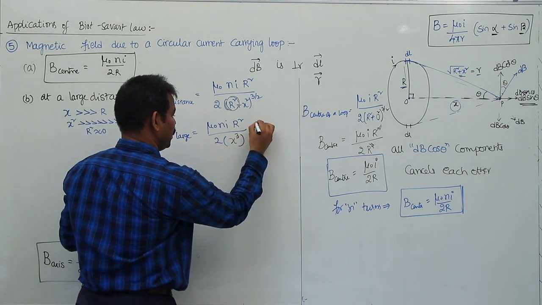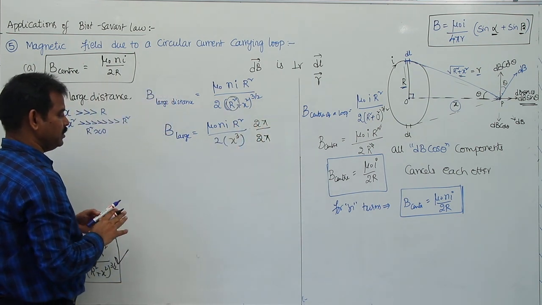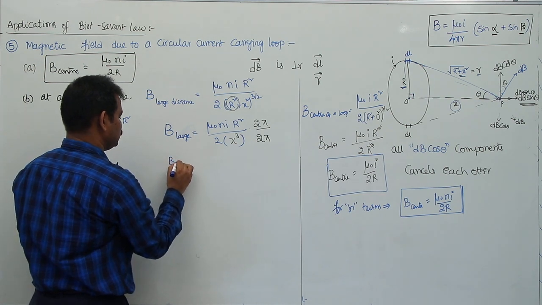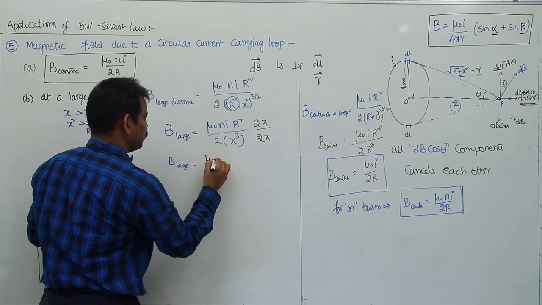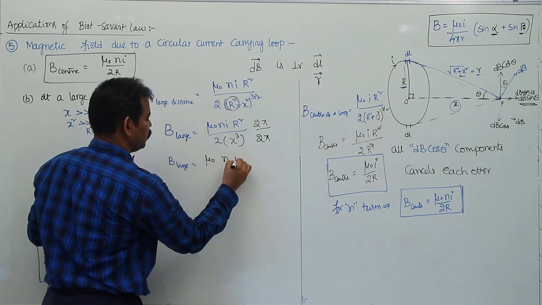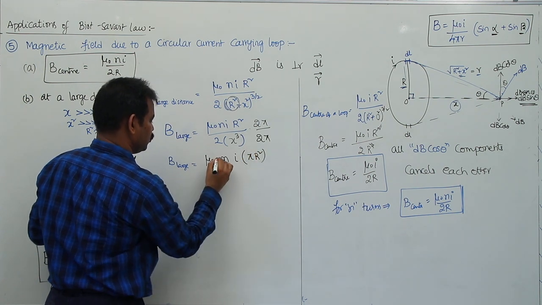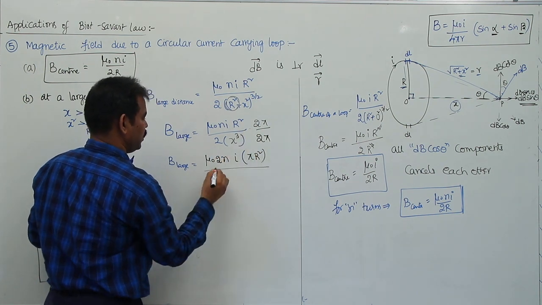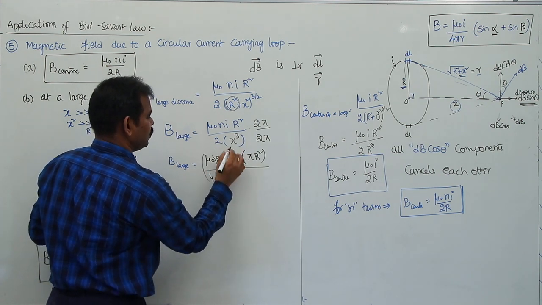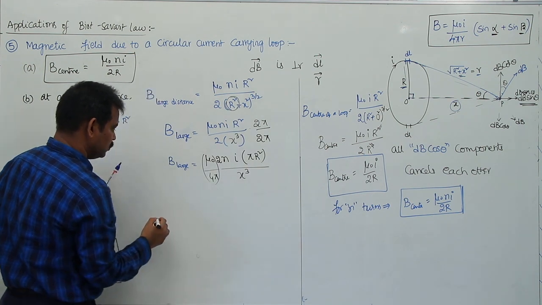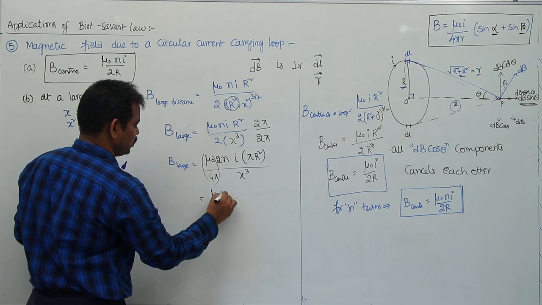Now you multiply with 2 pi and divide with 2 pi, the equation remains as it is. So the magnitude at a large distance is given by mu naught into n into I into pi r square into 2 by 4 pi into x cube. So mu naught by 4 pi is a constant.